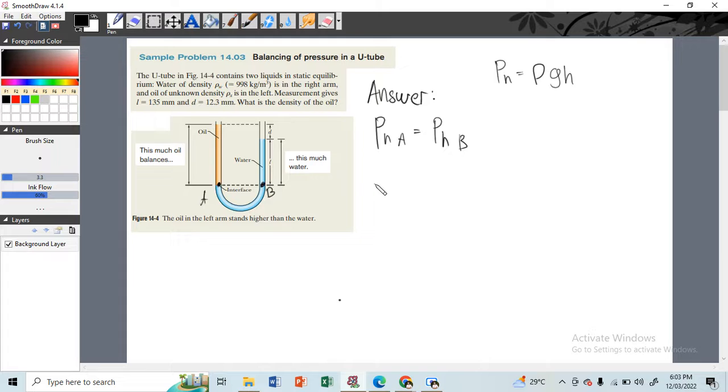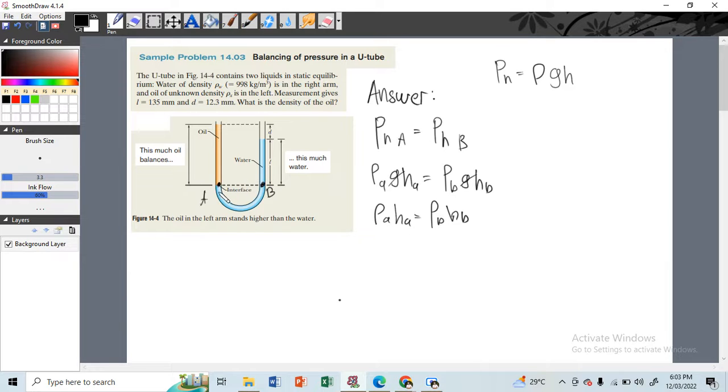We could change it to rho A times g times hA equal to rho B times g times hB. Of course, because g is always the same, it's a constant, so we could remove it from the equation. So what is left in the equation is rho A times hA is equal to rho B times hB.